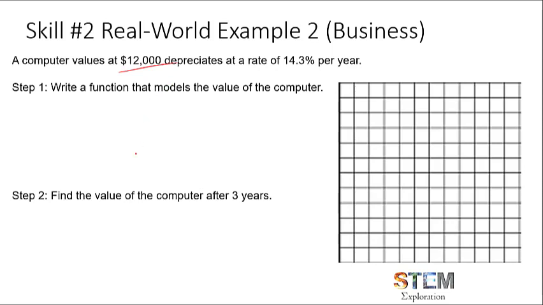What we can do with exponential models is create a function that describes this depreciation. And since we have a 14.3% decrease, this is representing a negative value, so it's a decay type function.